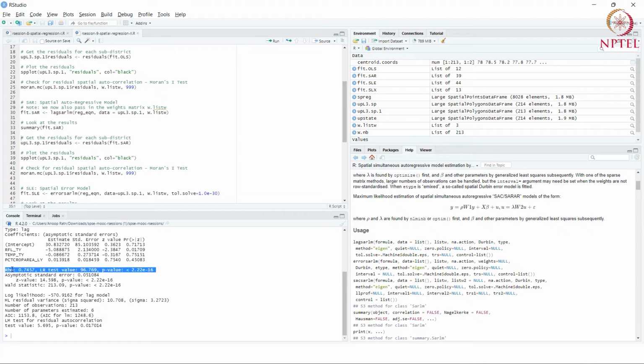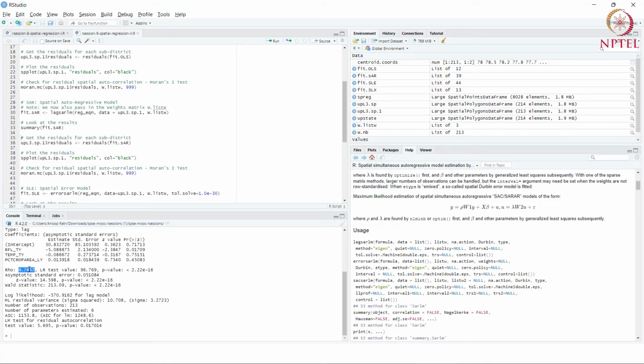And then the rho, which is the coefficient of the spatially lagged term, is 0.74, and it is significant. The p-value is close to 0, and that seems to be fairly high spatial autocorrelation, close to a value of 0.8.